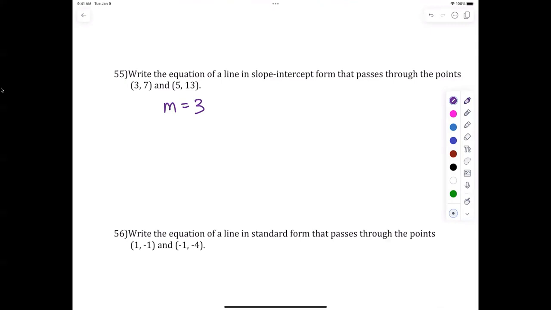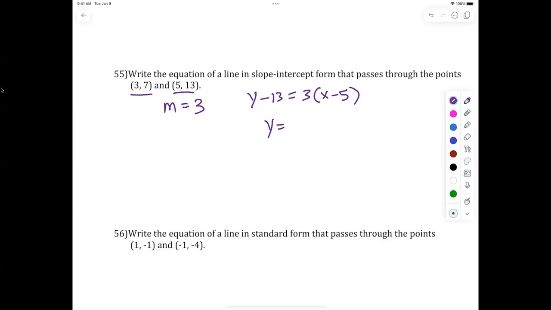Now what I want is for someone to do 3/7 and someone to do 5/13 so I can show you it's the same. I'm going to write 5/13. If you were asked to do the other, make sure you're doing 3/7. So y minus 13 equals 3 times x minus 5. Now I need it in slope intercept, so I distribute the 3 and then I add 13.